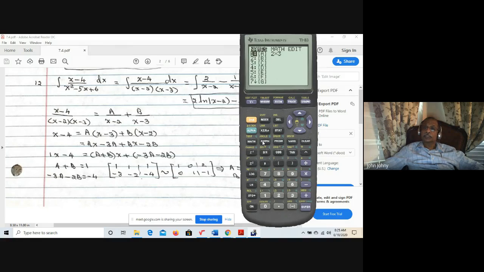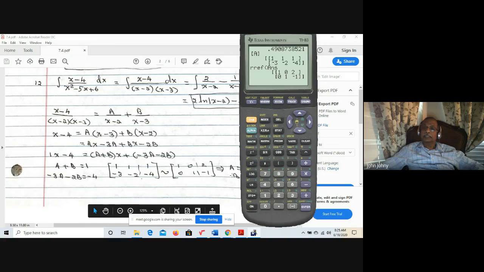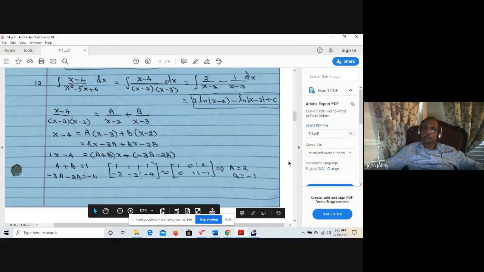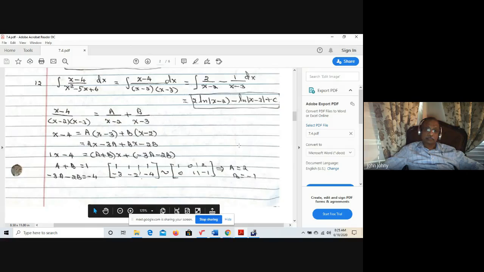Again, go to matrix, math, RREF, answer. See, 1, 0, 2, and 0, 1, negative 1. So A is equal to 2, B is equal to negative 1.